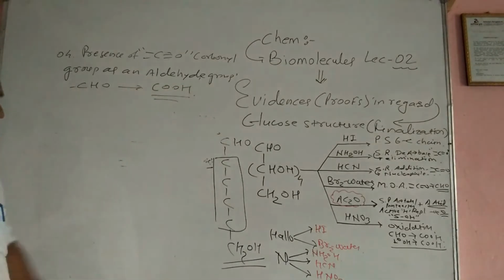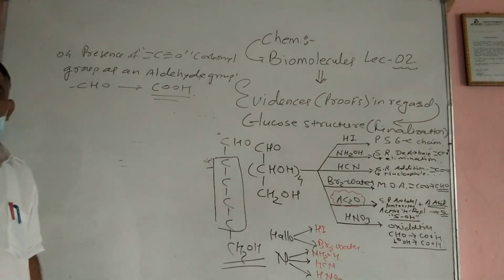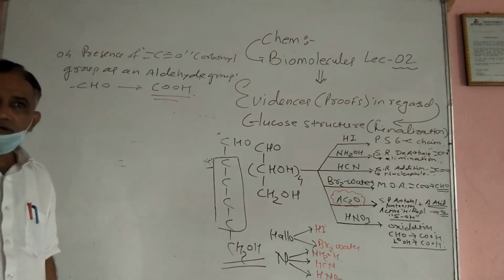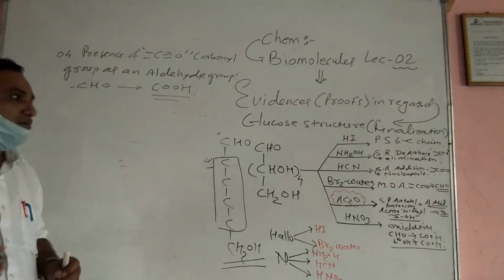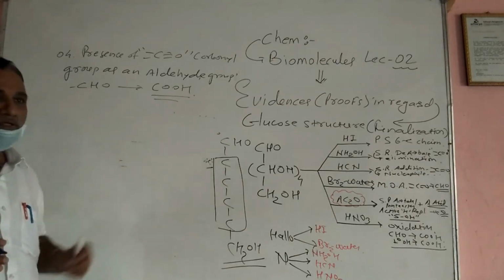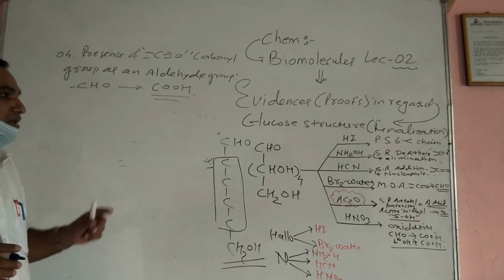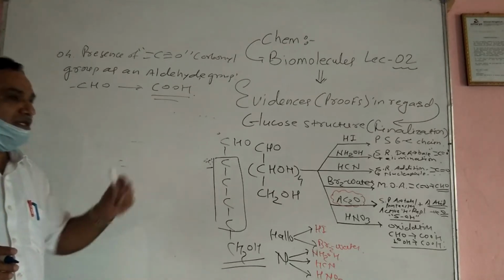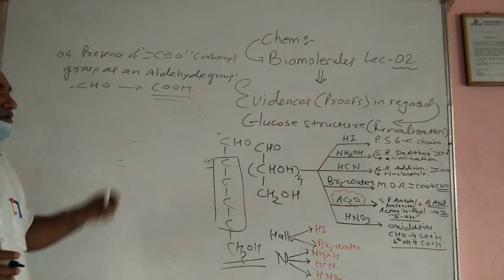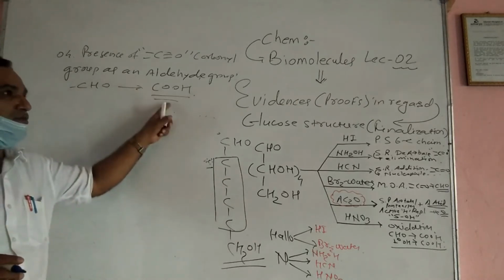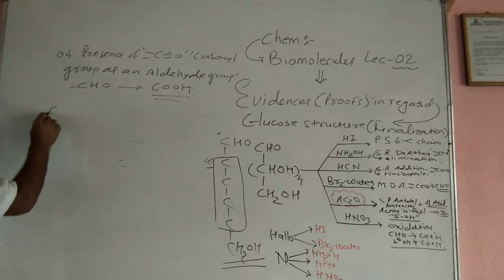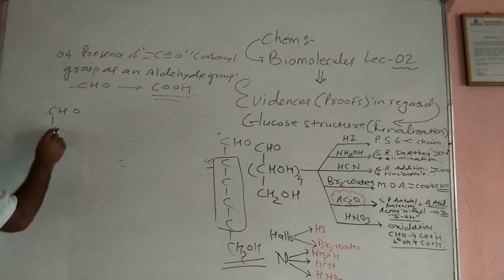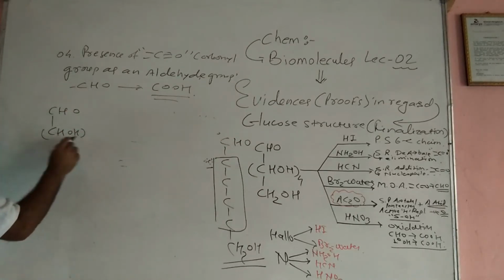So this bromine water, a mild oxidizing agent, whenever it reacts with any compound in the laboratory, is responsible for the conversion of the aldehyde group into the acidic group. Here, this is the CHO, and the rest of glucose is the same, CH2OH.